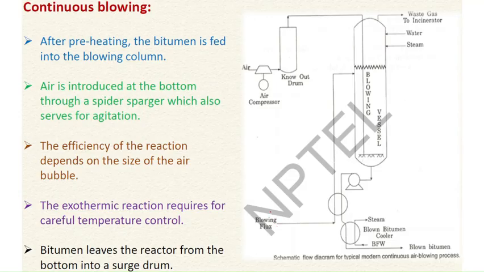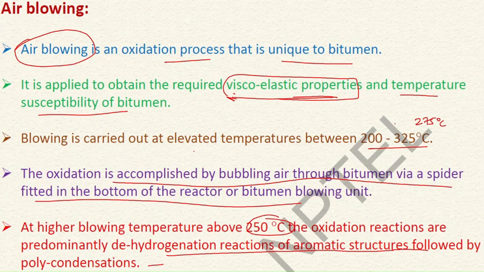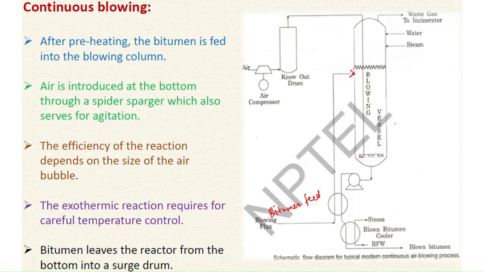Here the feed is taken from here and it is introduced into the reactor blowing unit, the blowing vessel, and compressed air is introduced from above, which is taken to this spider fitted below, and the air is blown from below into the bitumen.